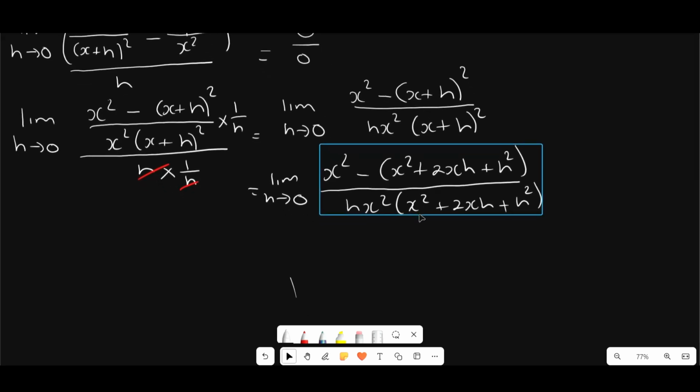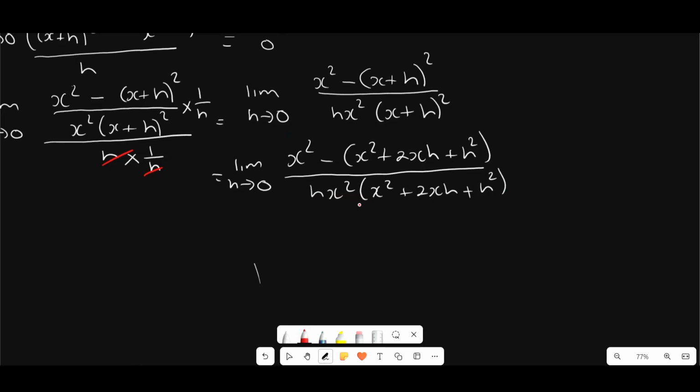So do not make the mistake of cross cancelling these two. Why? Because you cannot cross cancel when we have a negative there. If it was a multiplication, then we could cross cancel them, but in this case it's a negative, so you cannot cross cancel.